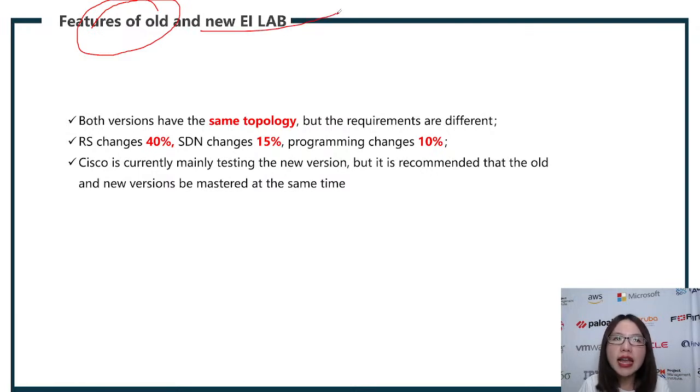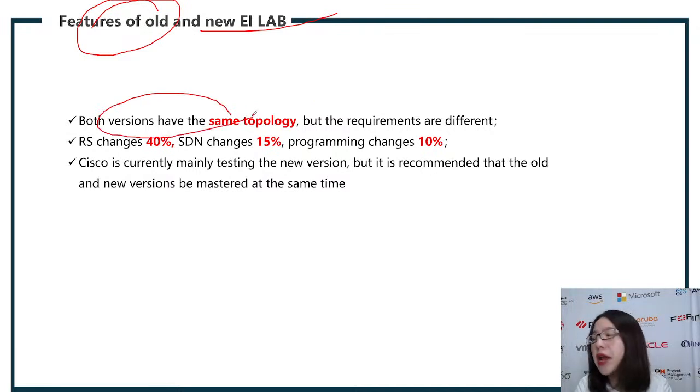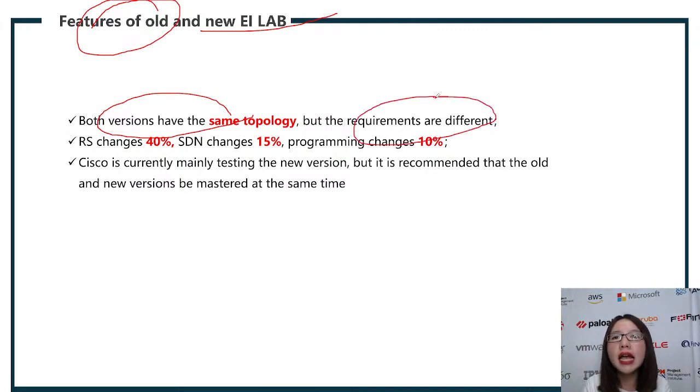At present, the old and the new EI Lab have the same topology. So don't worry, both versions have the same topology, but the requirements of some subjects have changed.